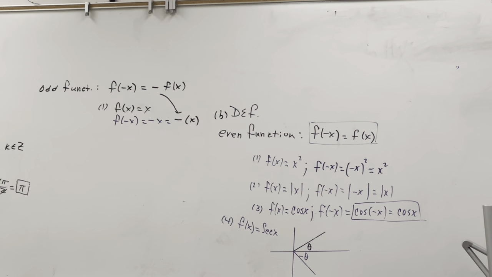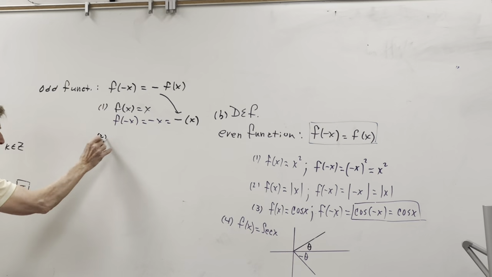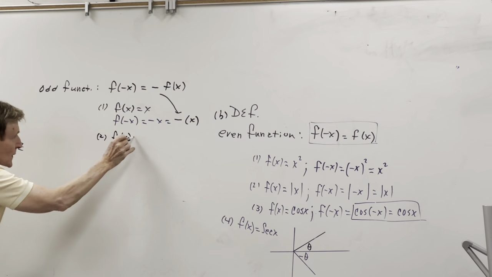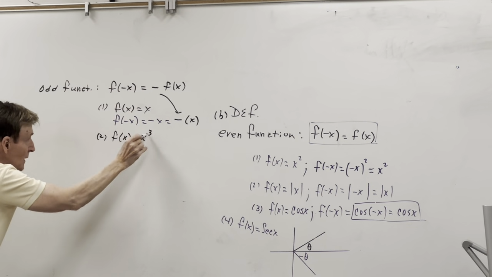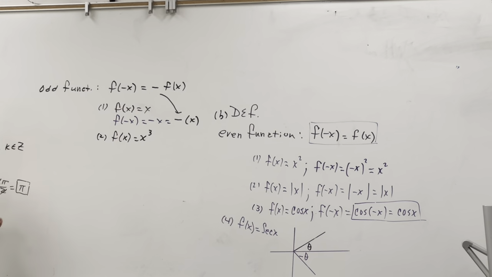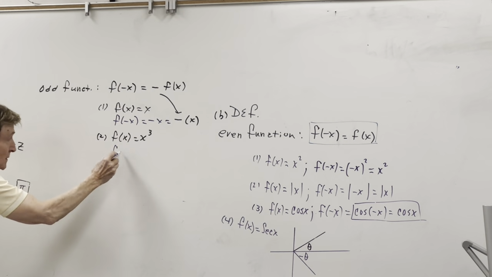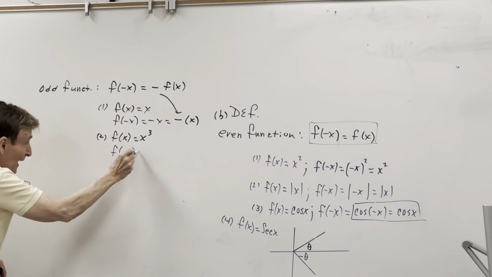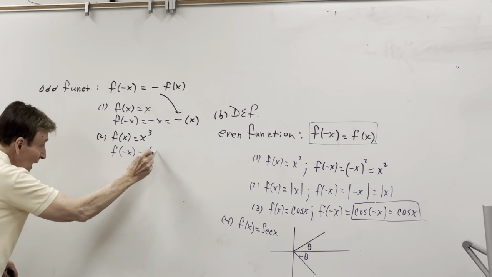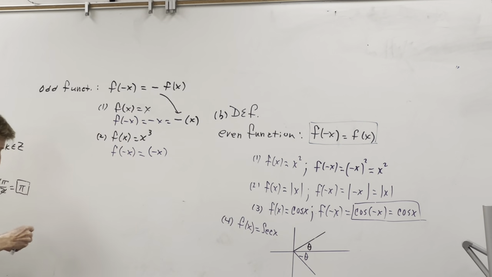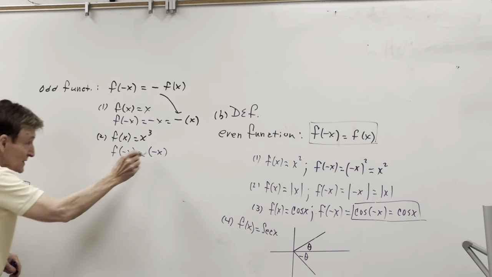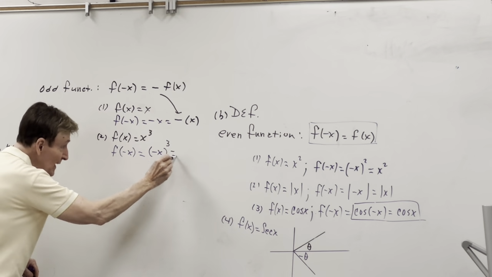x cubed. Absolutely. Let's test it quickly. PK says we're supposed to take f of the negative x. I will. To find f of a negative x for your function, it says replace x with a negative x, which I did, and cube it.